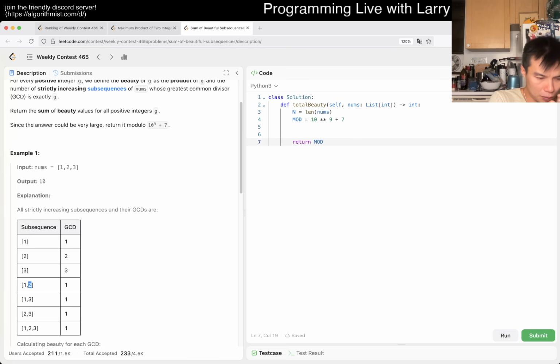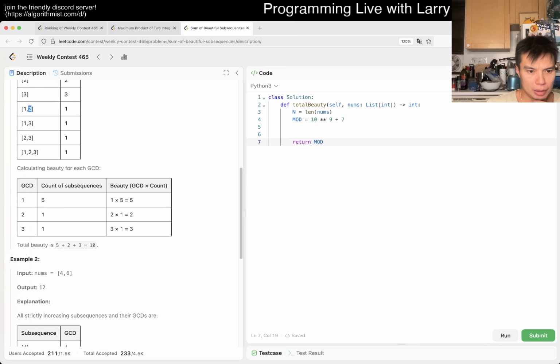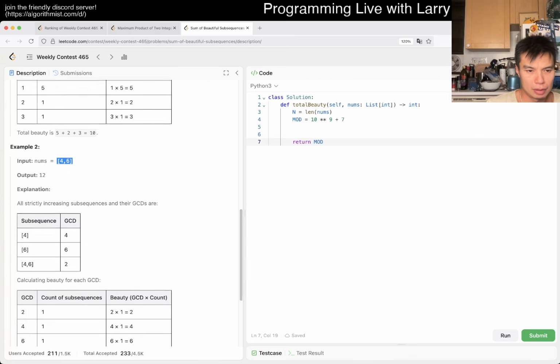Remember, it has to be smaller, but yeah, something like this is kind of interesting.